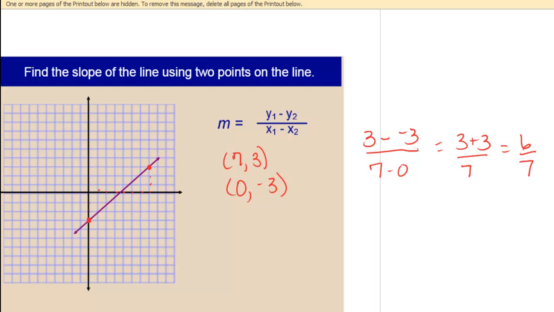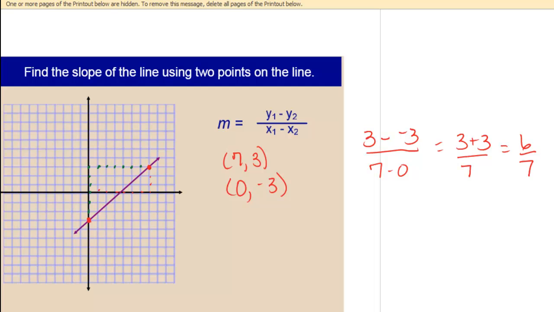And so let's see if that holds true when we count between these 2 points. So when I'm counting between these 2 points, I'm going to start at this bottom one and go up 1, 2, 3, 4, 5, 6, and over 7. 1, 2, 3, 4, 5, 6, 7. So that works. That is a slope of 6/7.